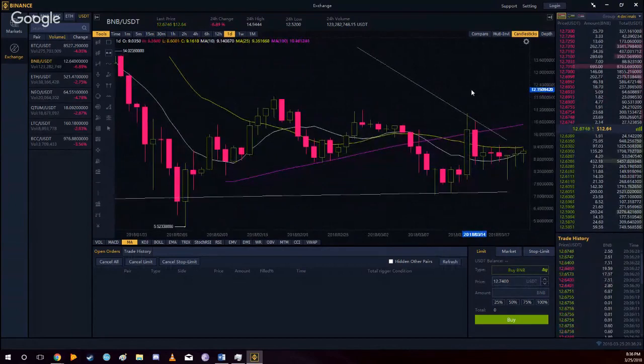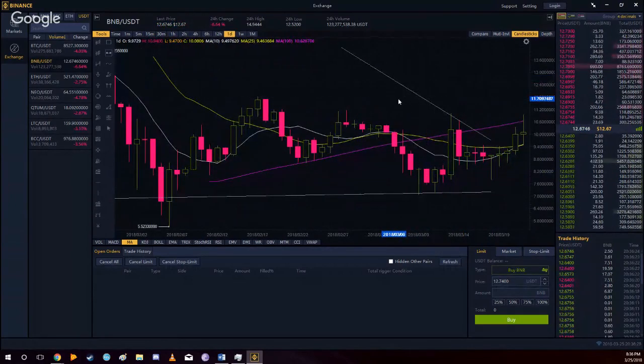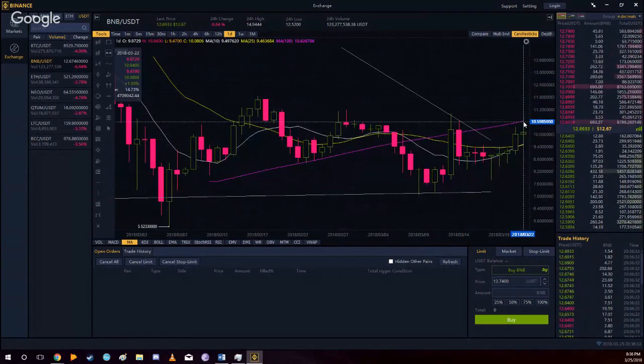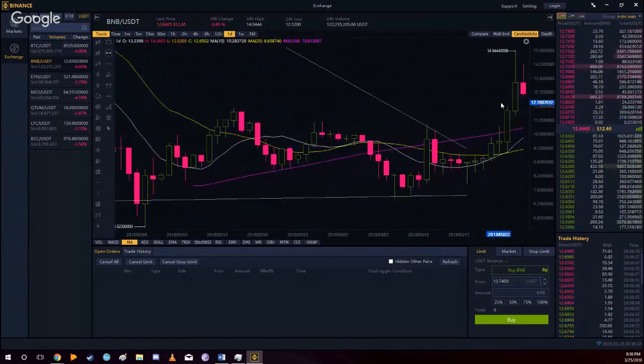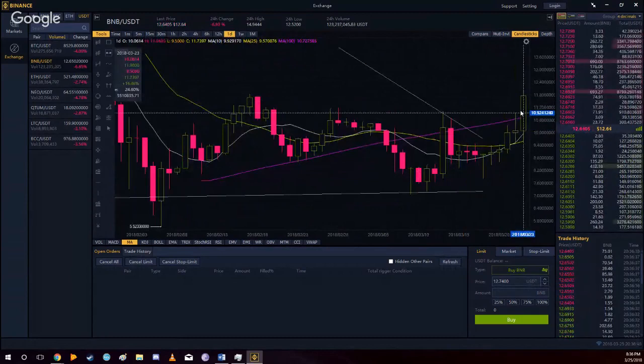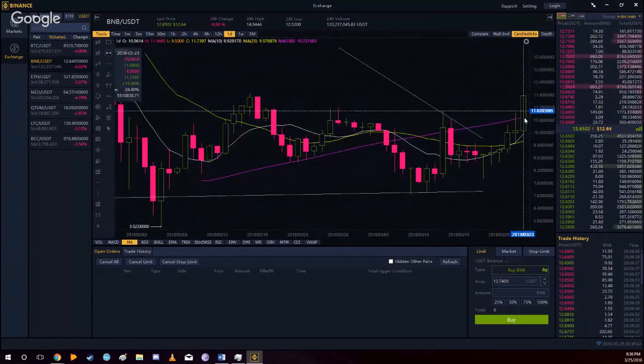So if we go now further in time, you see it tried to break this resistance here on March 22. It tried to break this resistance. It managed here on March 23 to hit resistance.